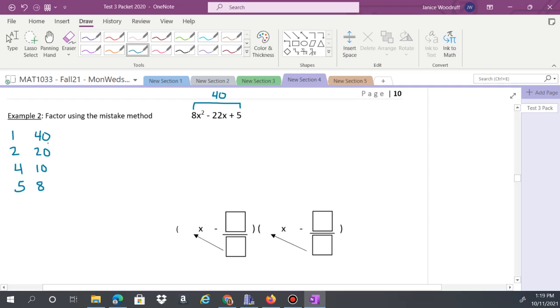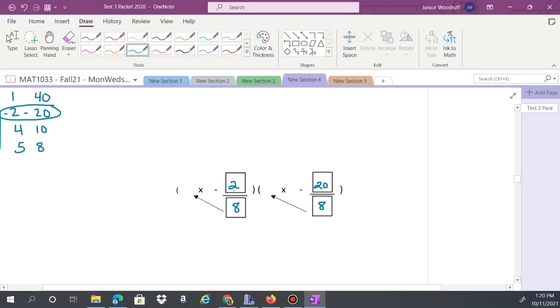2 and 22. Or sorry, 2 and 20. And they're both going to be negative. Good. Okay, so we go x minus 2, x minus 20. And then mistake, put the 8 on the bottom. And then simplify. So x minus 2 over 8 would be 1/4.